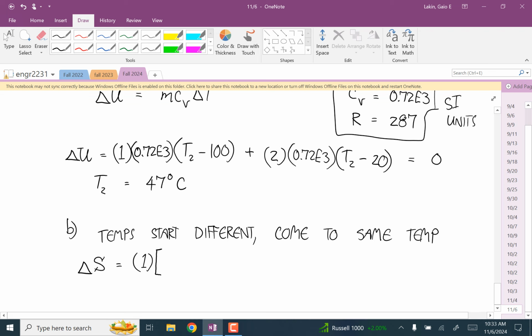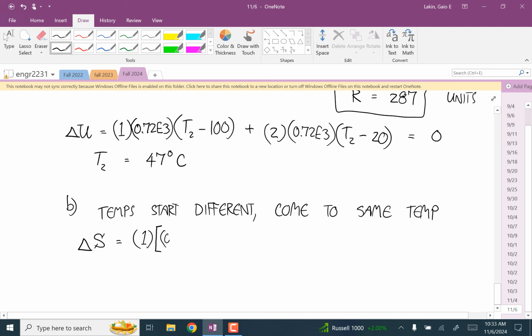So we have CV times the natural log of the equilibrium temperature divided by the starting temperature of the 1 kilogram of higher temperature gas.